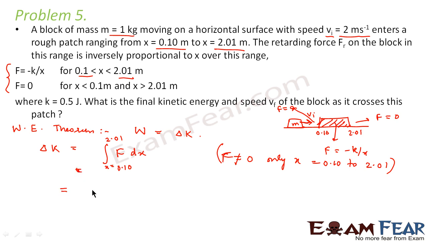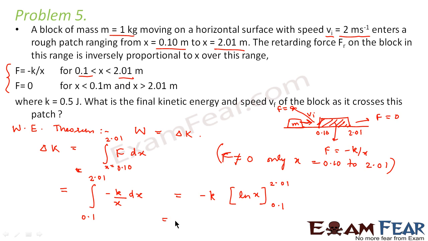So this is equal to the integral of F, which is minus k by x, dx, where the limit is from 0.1 to 2.01. Now we will integrate this. So we get minus k ln x from 0.1 to 2.01.